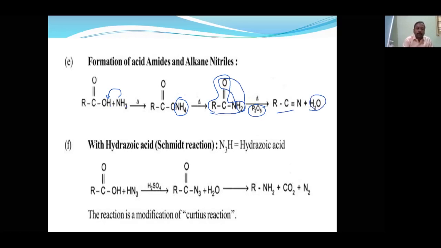And hydrazoic acid, it is called the Schmidt reaction. So in this, N3H is not NH3, it is not a printing mistake. If I write NH3, that is ammonia, which everybody knows, but very few people know that N3H is also there, which is called hydrazoic acid.